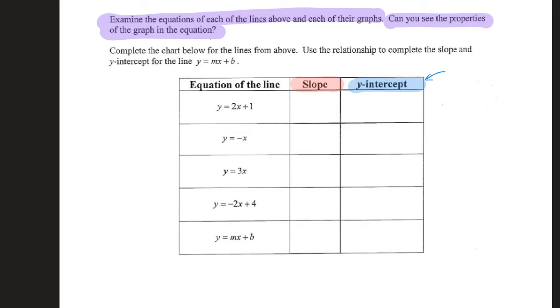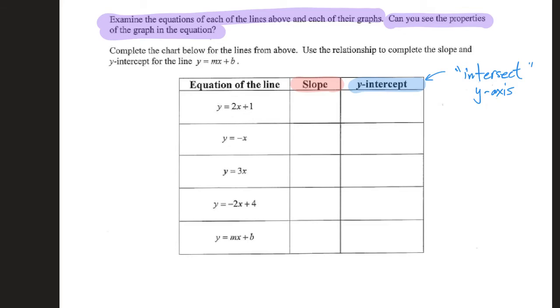When you hear the word intercept, quite often we'll think of intersect. They sound pretty similar. And so really what we're looking at is where we intersect with the y-axis. Those are the two properties we're looking for.